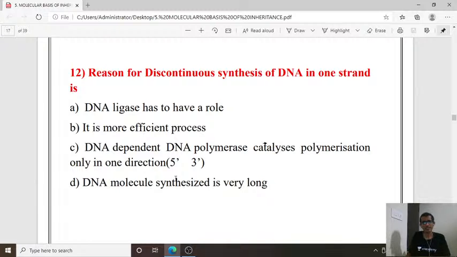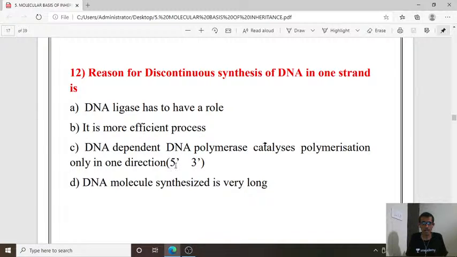What is the reason for discontinuous synthesis of DNA in one strand? What is the reason behind that? So for the 12th question, C is the right answer, but here one mistake is there.